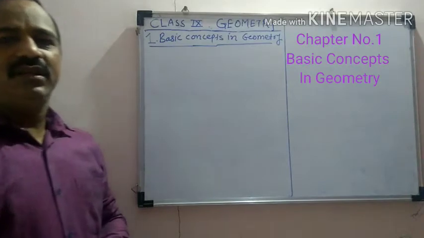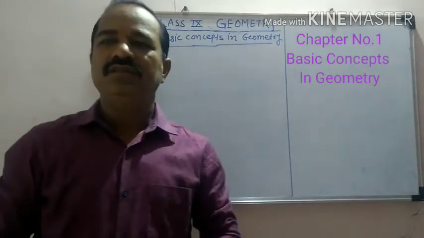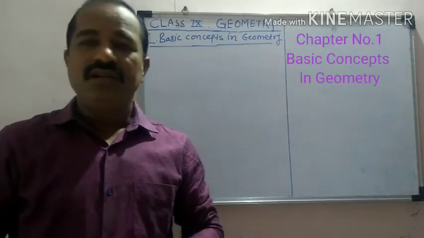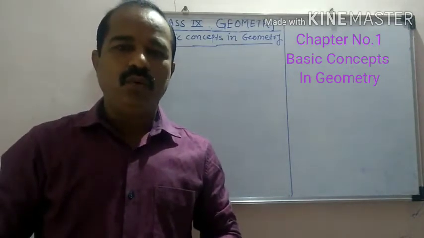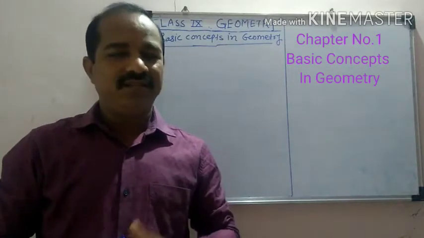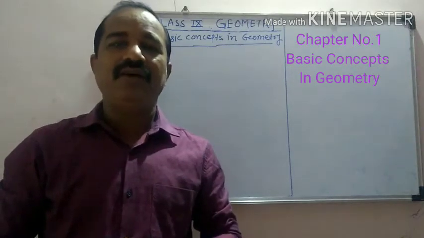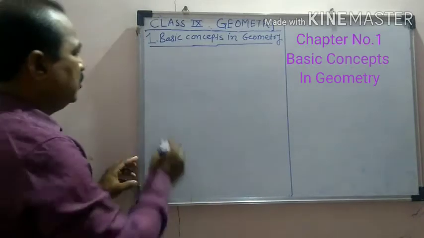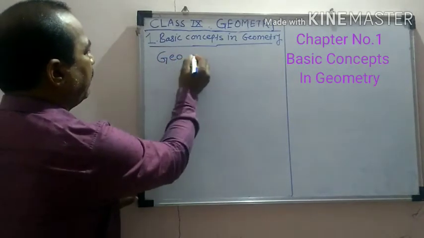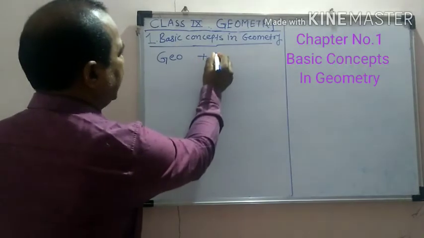Before that, we see here the meaning of the word geometry, that is the name of our second paper. The word geometry is derived from two words, geo plus metria.